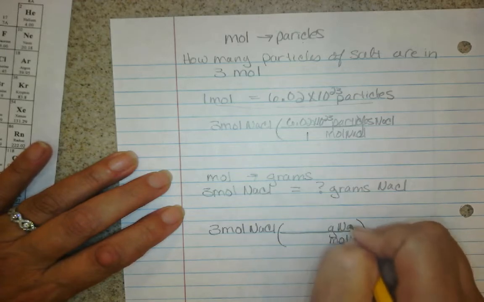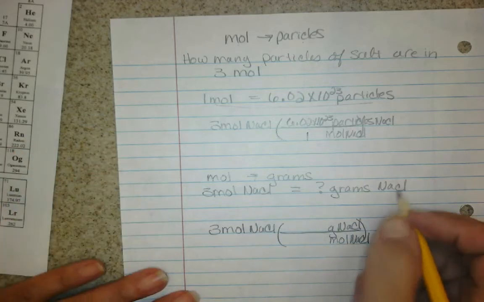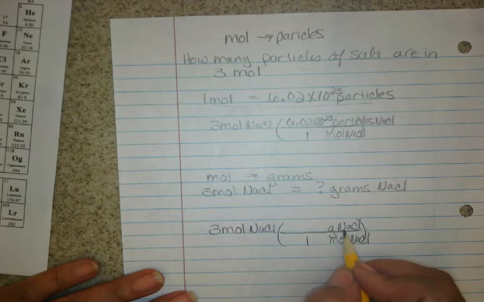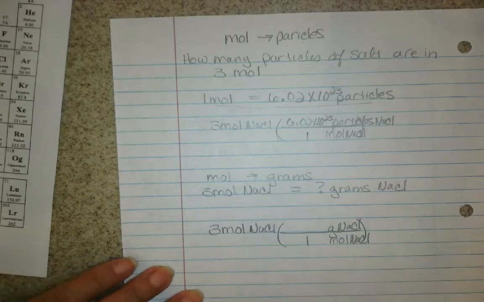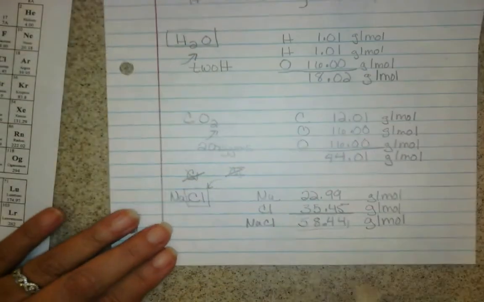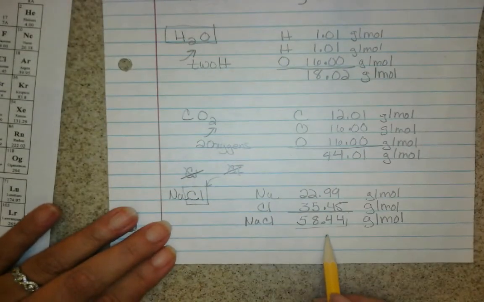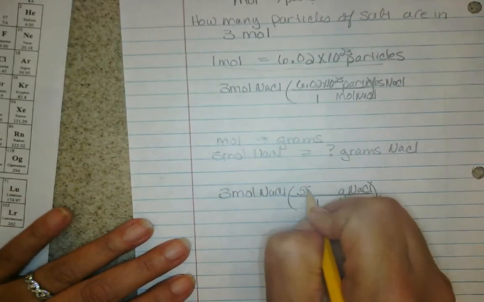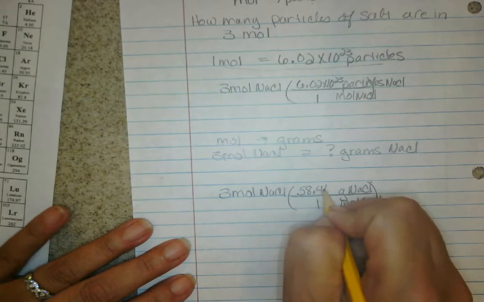I want grams of salt. Now, for every 1 mole, how many grams of salt do I have? That's the molar mass of salt, right? So that's sodium and chlorine added together. We've already done that. We found the molar mass of sodium chloride, and that's 58.44.